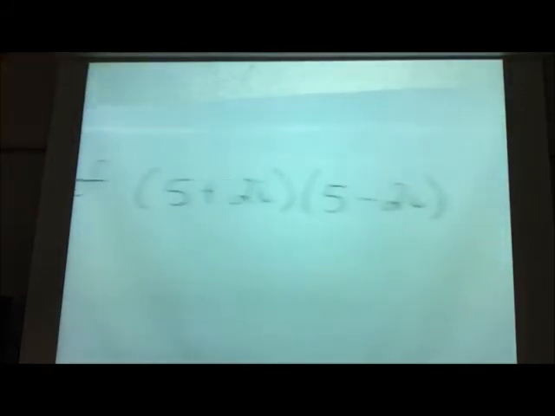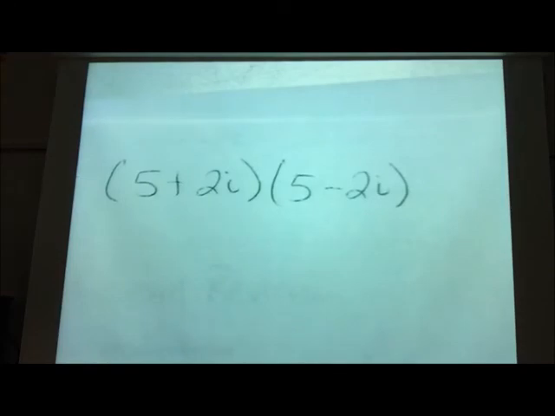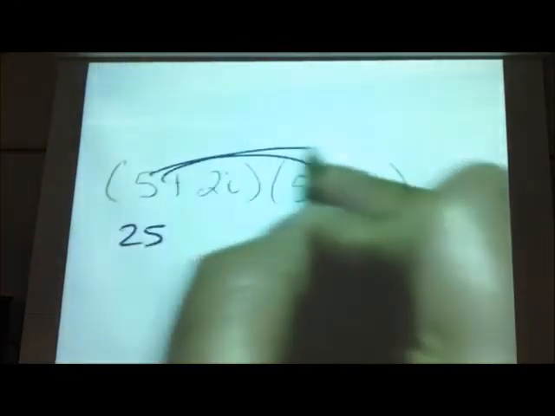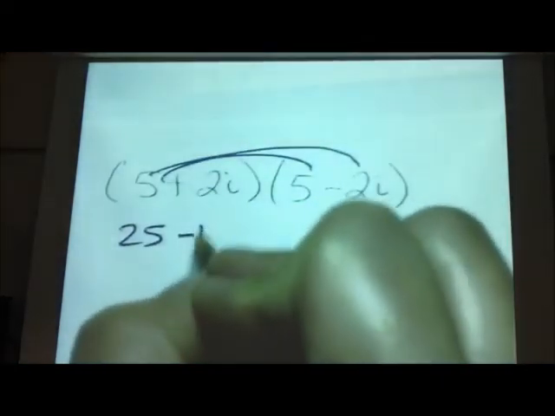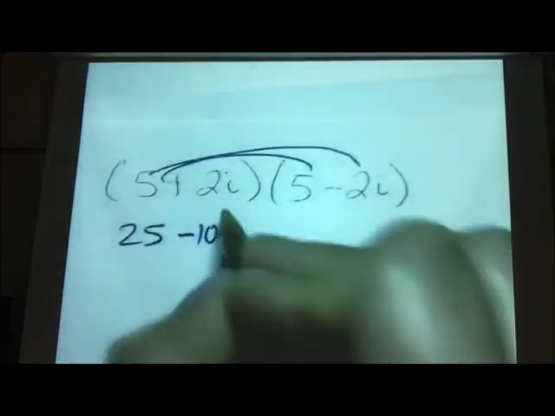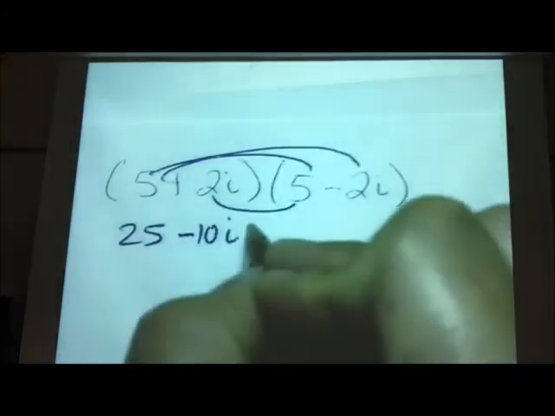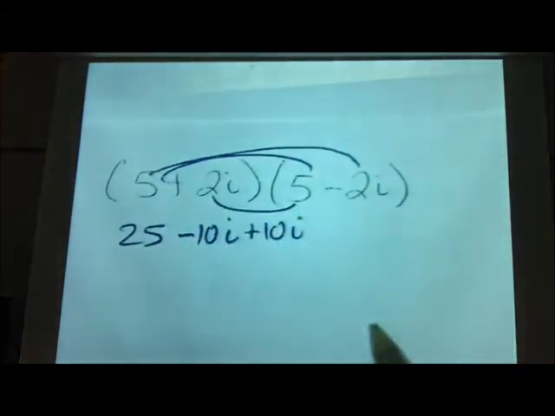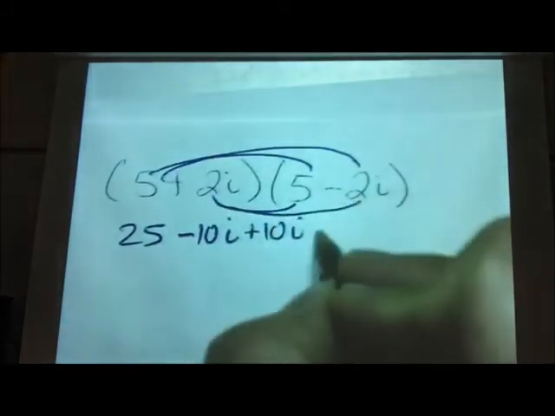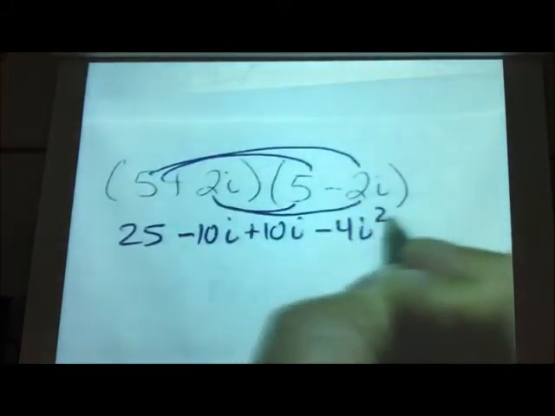I will do 5 times 5, which is 25. 5 times a negative 2i, which is a negative 10i. 2i times 5, which is a positive 10i. And then 2i times a negative 2i, which is a negative 4i squared.